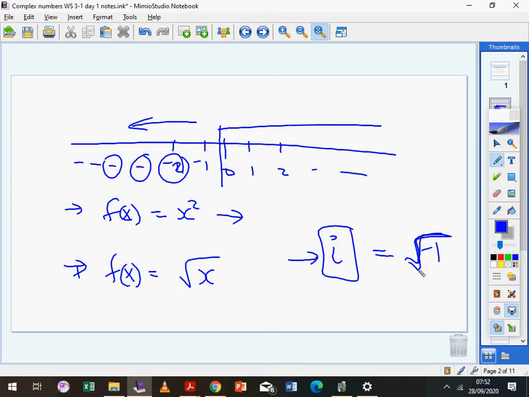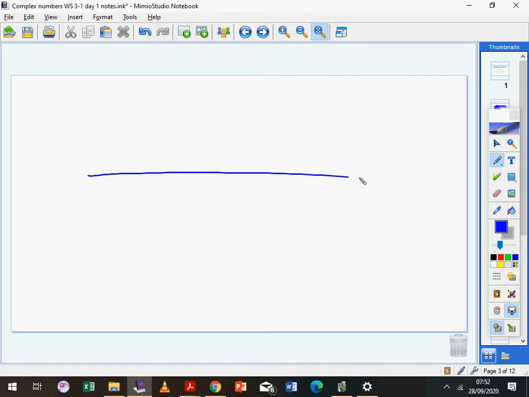So every time you encounter a math problem that involves taking the square root of a negative number, that number can be represented by the letter i. On this number line, if I take square roots of all of the numbers on this side, they will give me a real number, which is a natural number.